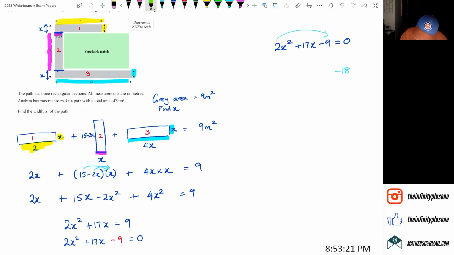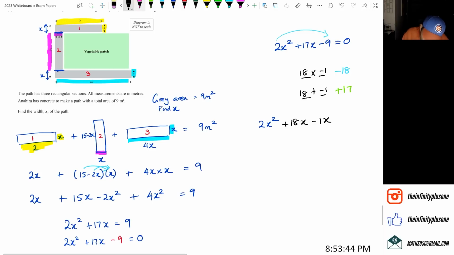And I'm looking for 2 numbers that multiply to negative 18 and add up to positive 17. So 18 and negative 1 looks good. So then I'm going to get 2x squared plus 18x minus 1x minus 9 is equal to 0.